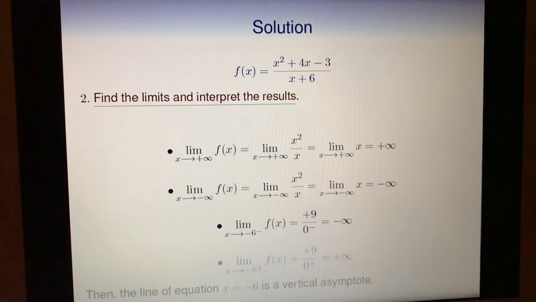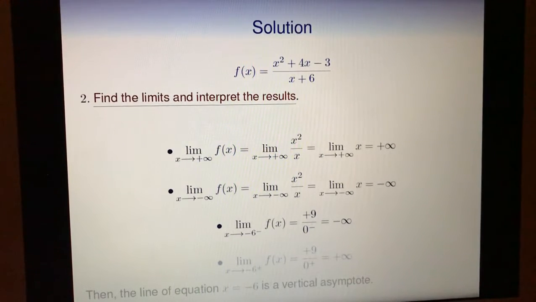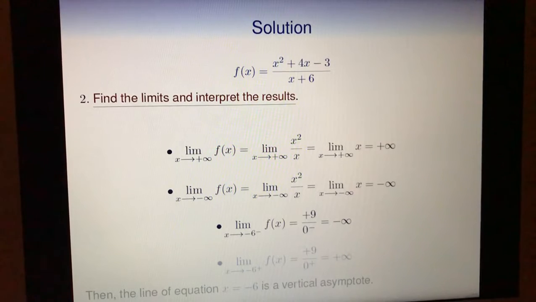We get in the numerator plus 9 and in the denominator 0 minus, because we are taking the limit at minus 6 minus. Then plus 9 over 0 minus is equal to minus infinity, because plus over minus equals minus, and 9 over 0 is infinity.